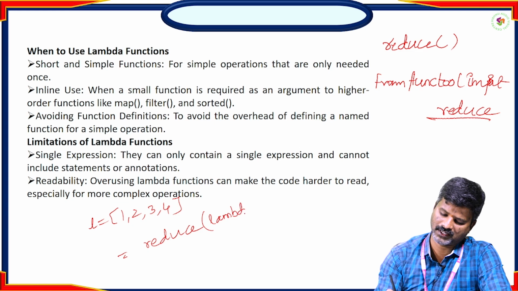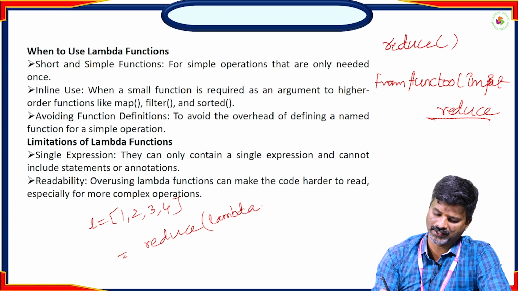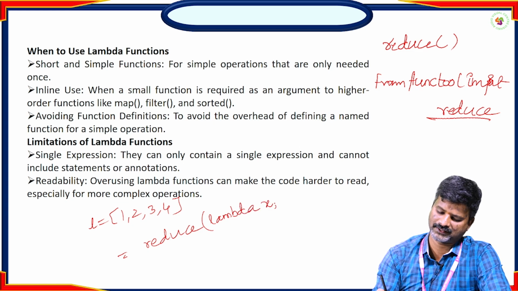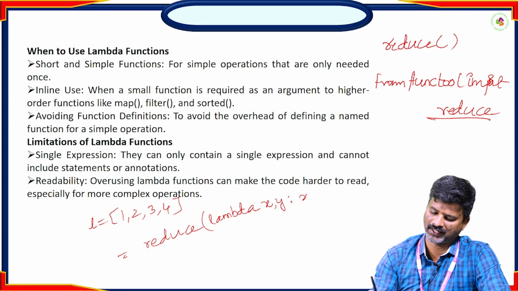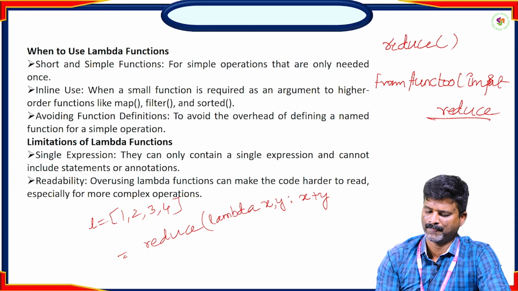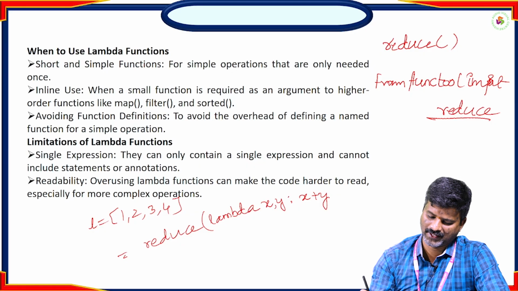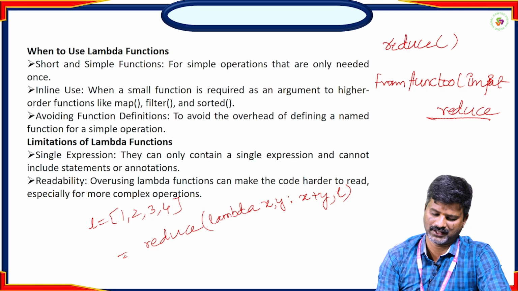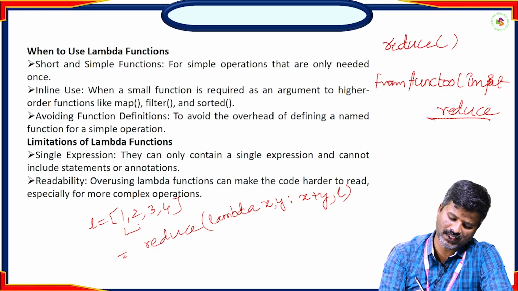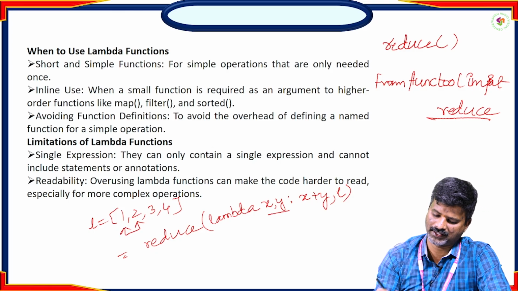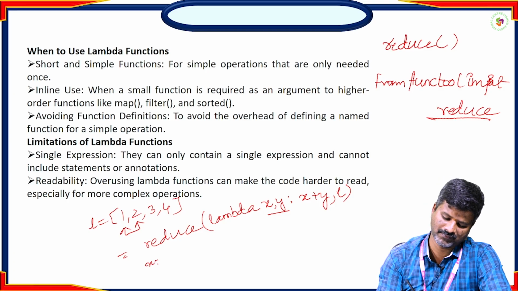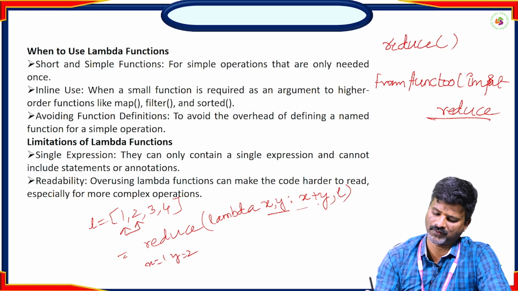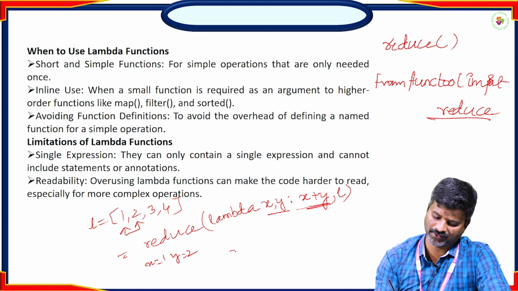You can use lambda or anonymous, and here I am using x comma y, and I am performing x plus y, and then comma this particular list. It will take these two elements the first time, and the corresponding logic will be performed. x is 1 the first time, y is 2, x plus y is 3.